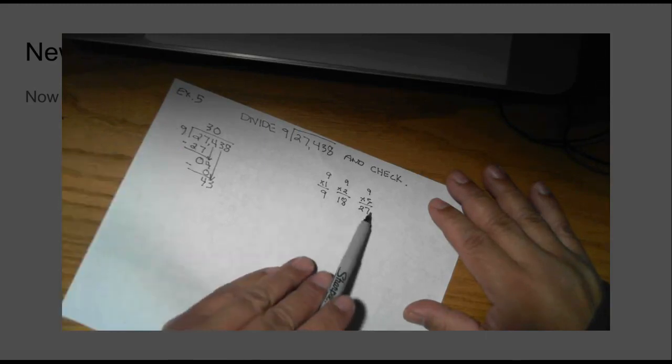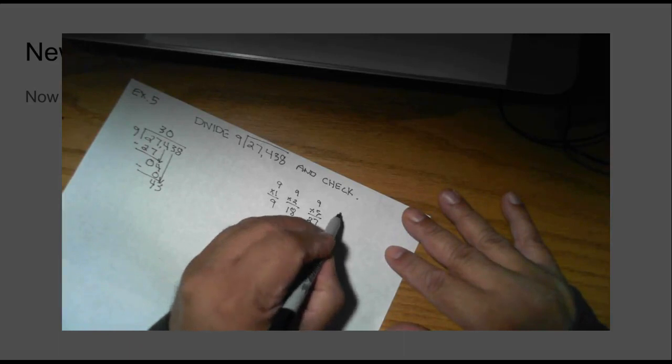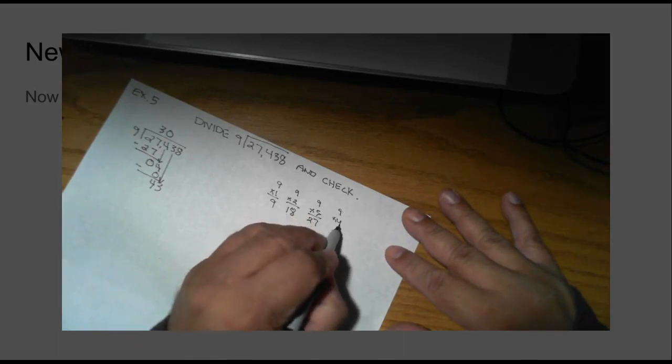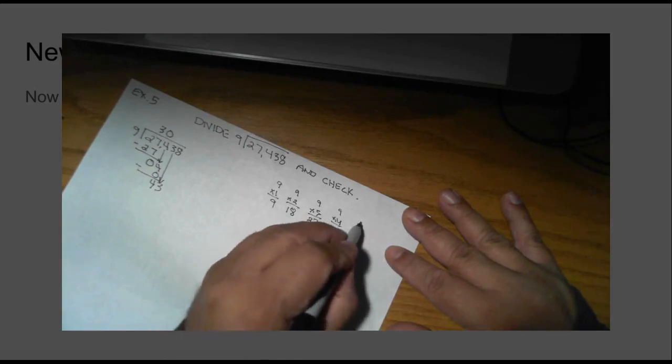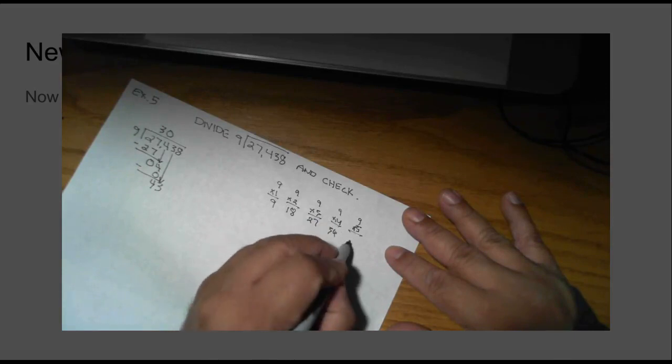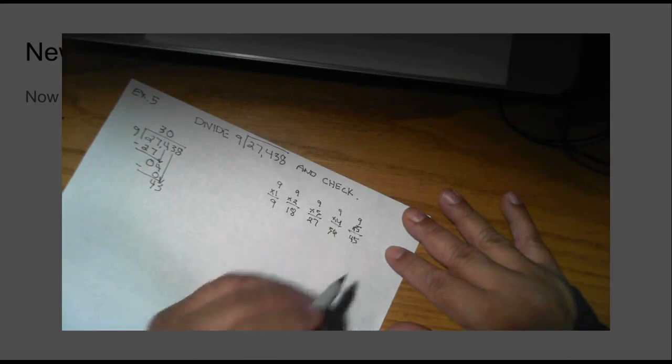So now we see 43 divided by 9. So that means that we need to continue on our multiplication trick here. So 9 times 1 is 9, 9 times 2 is 18, 9 times 3 is 27, 9 times 4 is 36, and then 9 times 5, right, is 45.